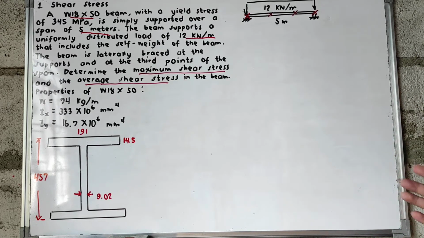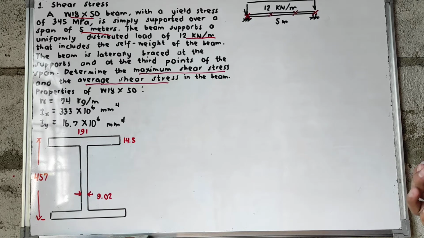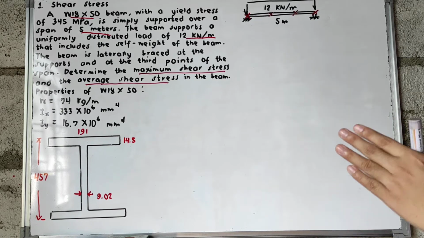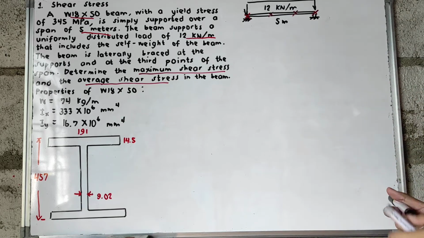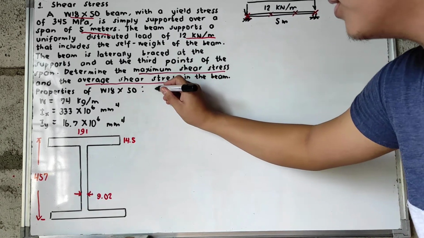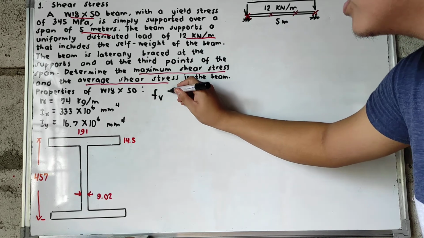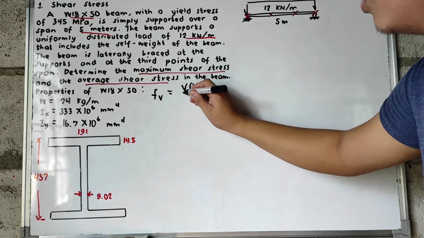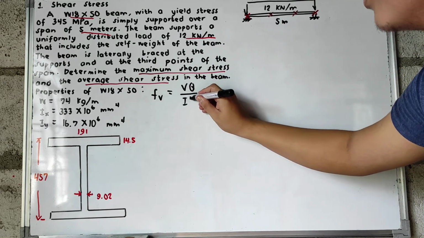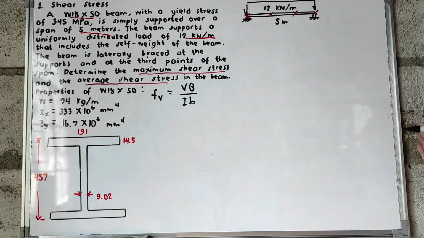So by principle, when we are talking about computing the actual shear stress that was experienced by the beam, it was given by the formula fv is equals to VQ all over IB, which was already discussed in strength of materials or the mechanics of deformable bodies.